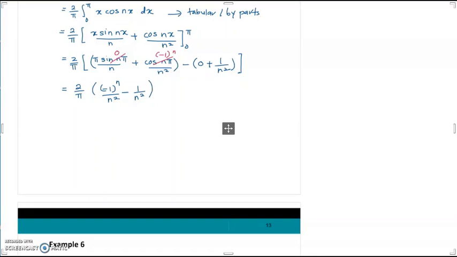Which can be written as 2 over n squared pi, times negative 1 to the power of n minus 1. Right? So that's our a_n.